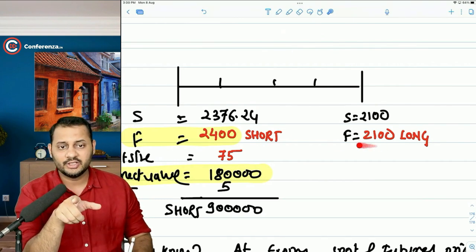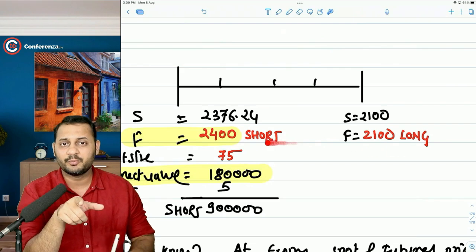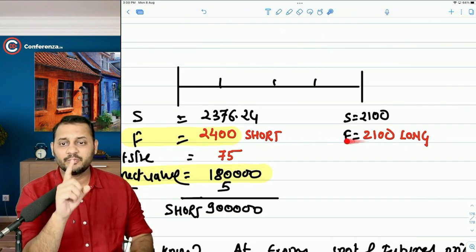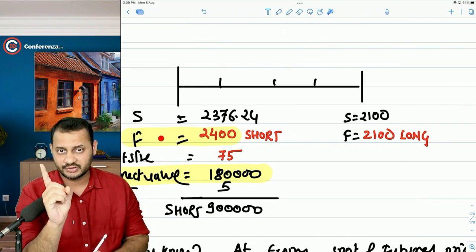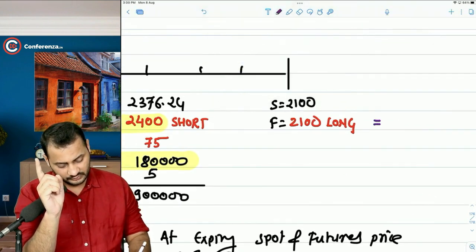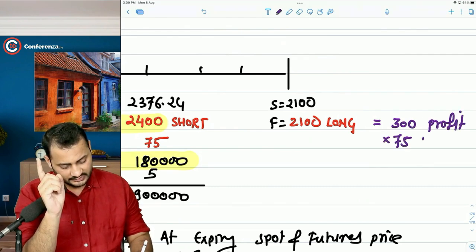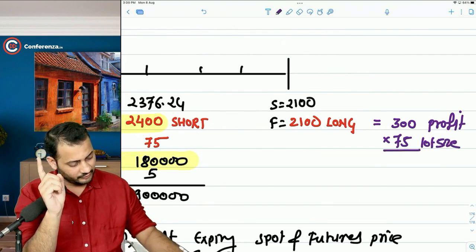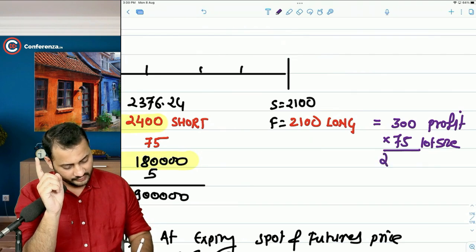And you can clearly see you have 300 rupees of profit on one futures. See how much is the profit now? 300 rupees is the profit, multiplied by the lot size. So this is the profit on one contract, 22,500.